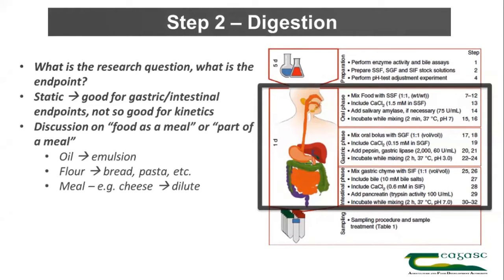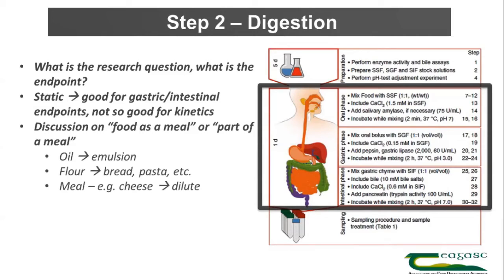We also have a section on some consideration of the food as a meal or part of the meal. For instance, if you're interested in the gastrointestinal digestion of oils or fats, you have to put it into a form how you actually consume it in a food.